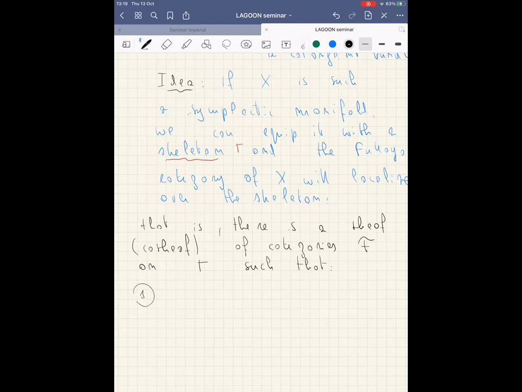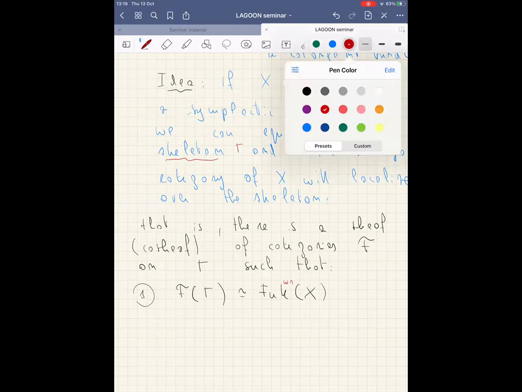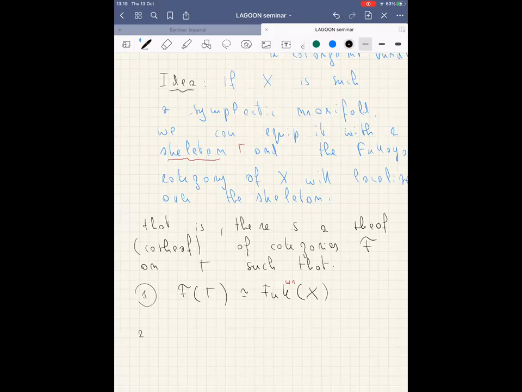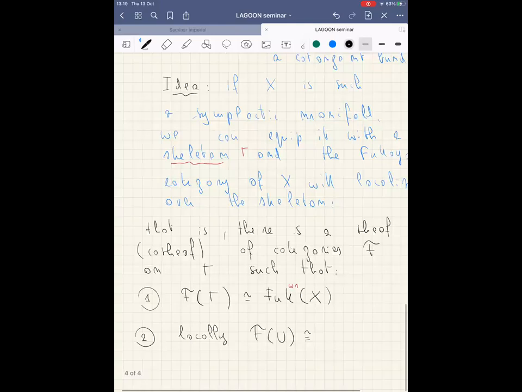One, the global sections of F on gamma compute the Fukaya category of X. Here I should decorate it with wrapped. And two, locally, F of U is given by some category of constructible sheaves.